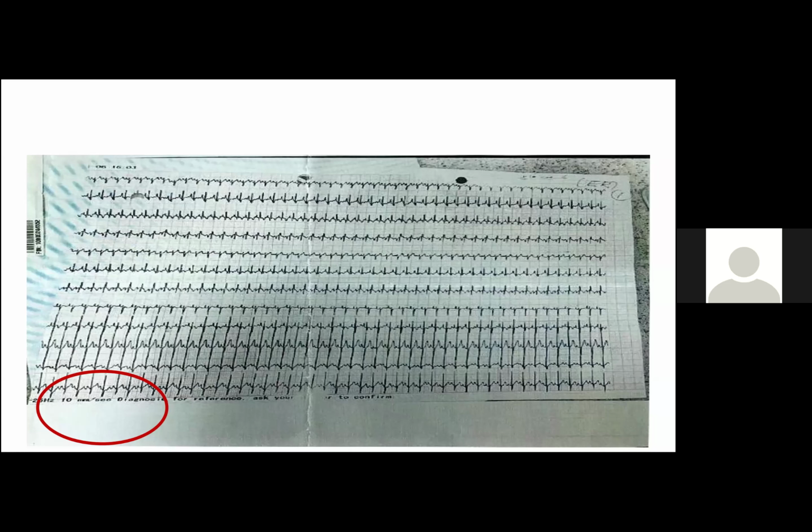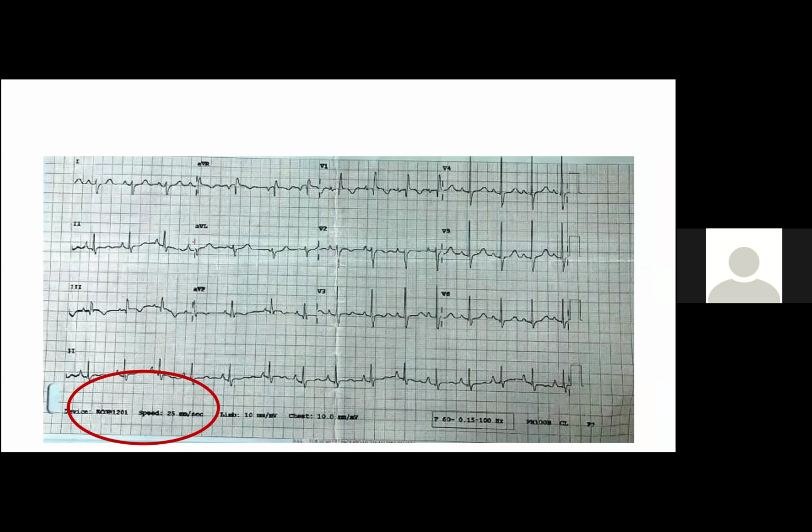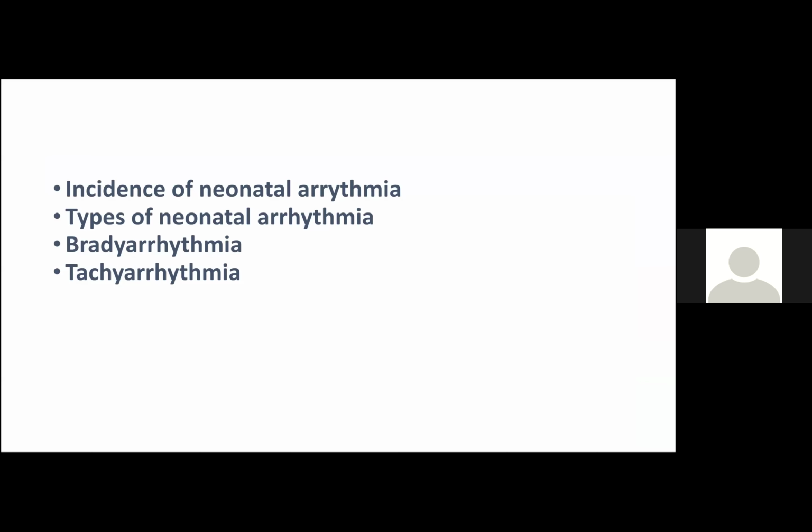So it will give you almost double the real rate. When we corrected the speed, this is her ECG. So it is a sinus rhythm with normal rate, and the issue was only a technical issue in obtaining a good 12-lead ECG.